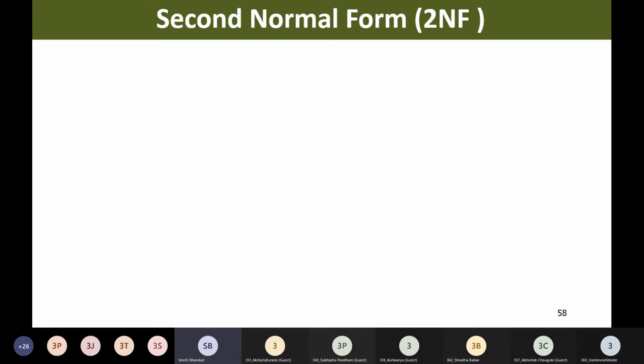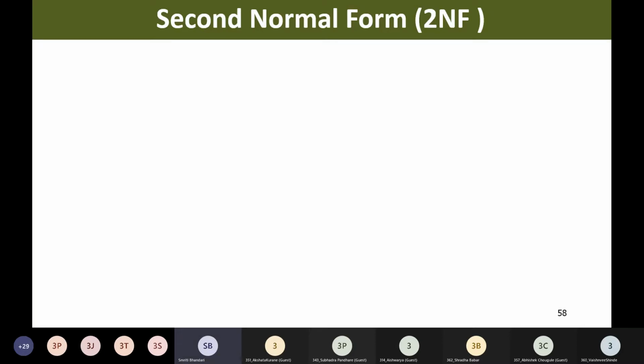And what we do as the first step is we look for the attributes having repeated groups. Once we identify such attributes, we say that these attributes have a non-atomic domain.